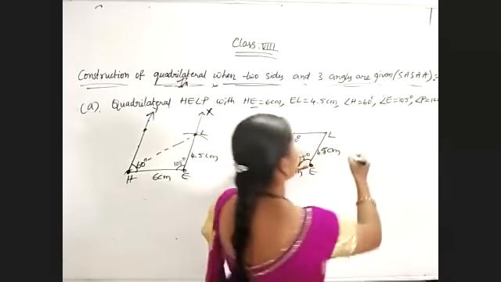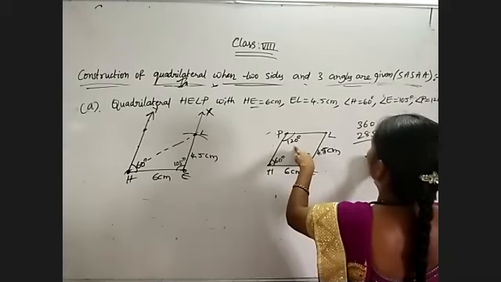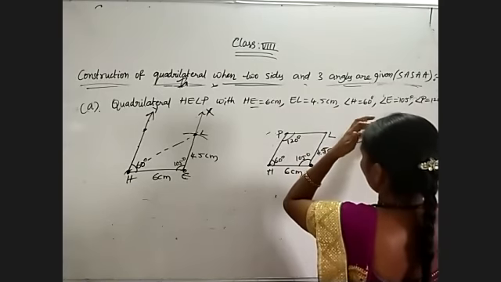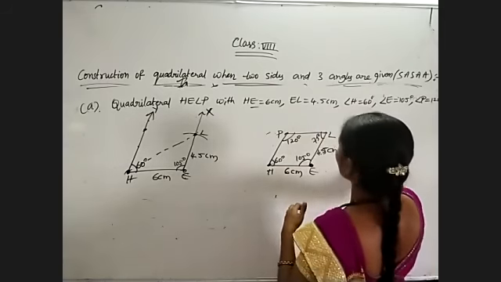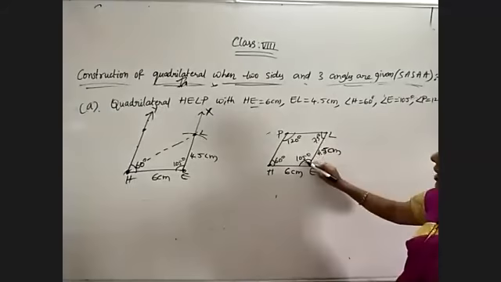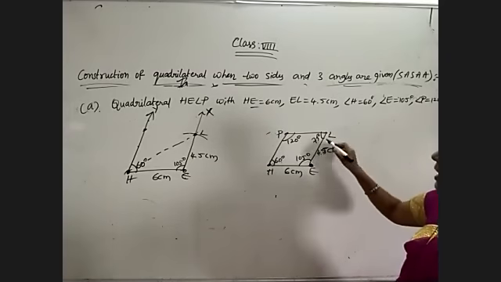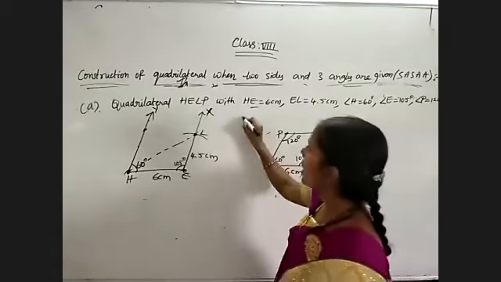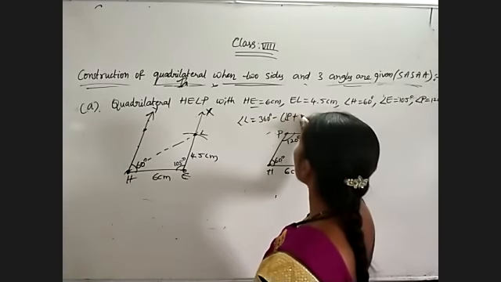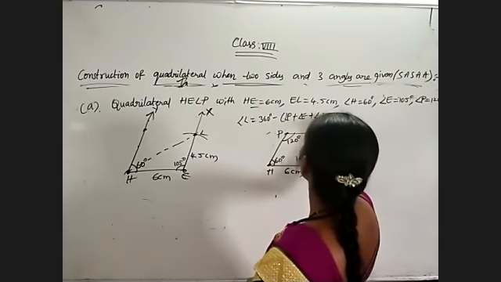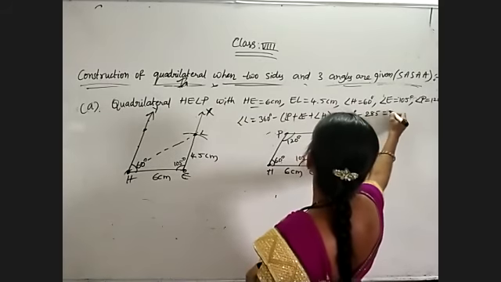So 360 minus 285 is 75 degrees. Just observe, 75 plus 105 is 180, 120 plus 60 is 180, totally 360 degrees. Angle L is equal to 360 degrees minus (angle P plus angle E plus angle H). Then you will get 360 minus 285, which is equal to 75 degrees.